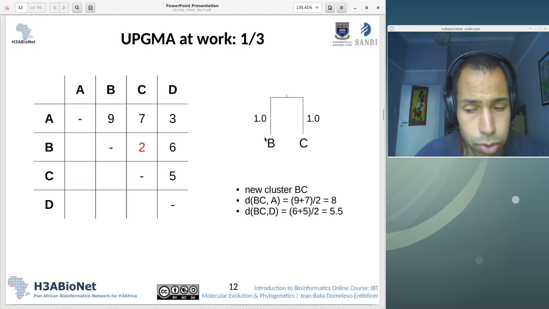Remember that we are building a tree from bottom to top, and so all taxa at the beginning are at ground level, at level 0 if you want. Level 0 is the current time, if you make an analogy between distances and evolutionary time.